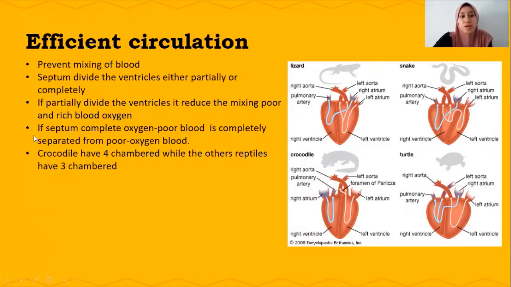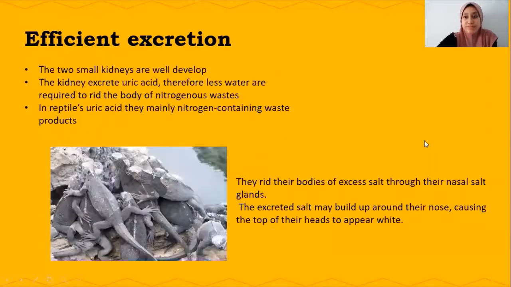But if the septum completely divides it, oxygen-rich blood is completely separated from oxygen-poor blood. Only crocodiles have the completely divided ventricle. Crocodiles have 4 chambers, while the other reptiles have 3 chambers. So crocodiles have the most efficient circulation compared to lizards, snakes, and turtles.